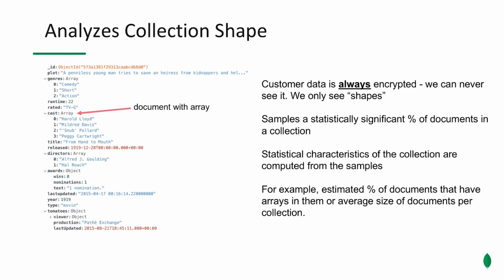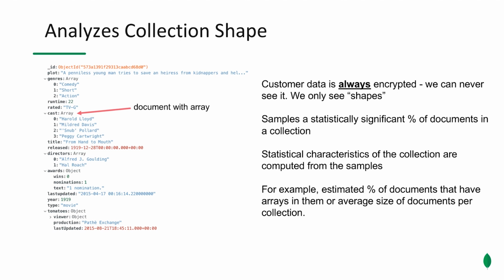But a few examples of statistics that we collect from collections are things such as what percentage of documents have an array in them, what percentage of documents have an array with a size greater than X, or what is the average size of those documents per collection, what is the distribution of average size of those documents in a collection based on the sample.